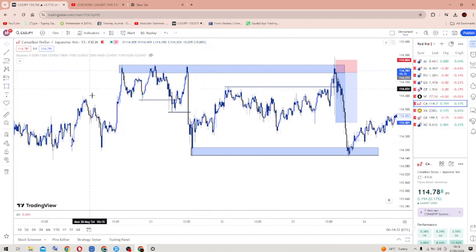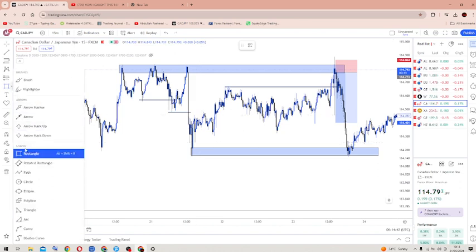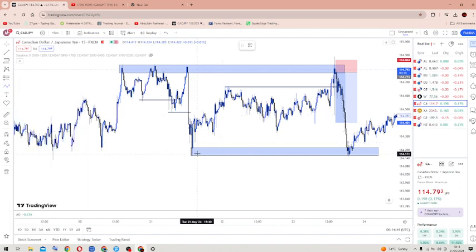So price sold off onto this zone, and then it went up. We got a sell, but as it was going to trigger our sell entries, we had a movement like this. Let me show you.